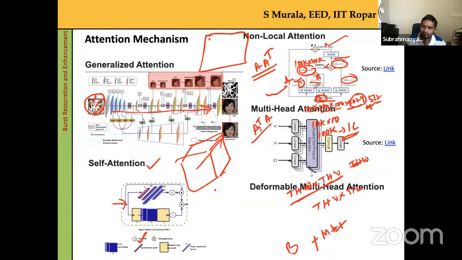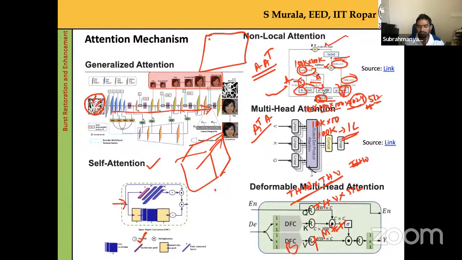So here these are all convolutions. I will use deformable convolutions in place of simple convolutions, which is called deformable multi-head attention. We implemented it like that because deformable convolution collects various locations for feature response calculation in an appropriate manner, which we already discussed.